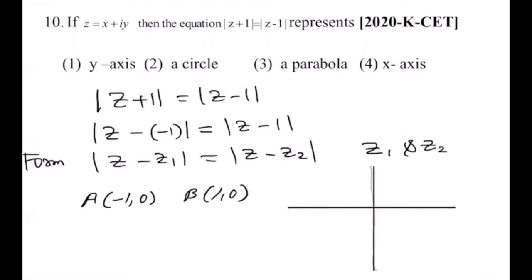So that is minus 1 comma 0, and this is 1 comma 0, x-axis, y-axis. So the perpendicular bisector of this line segment AB is nothing but the y-axis. So the answer is the first option, y-axis.